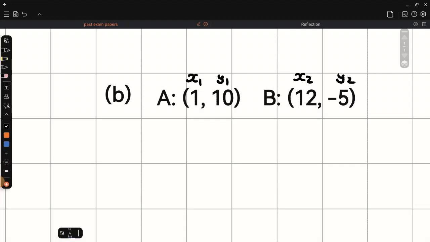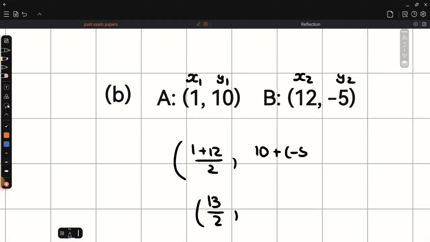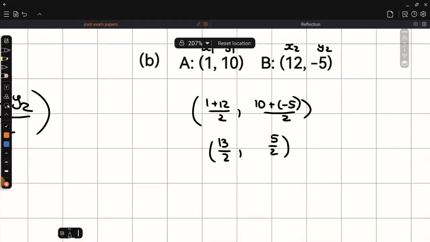We will have 1 plus 12 divided by 2, which gives us 13 over 2, and 10 plus negative 5 divided by 2 is 5 over 2. So this is our final answer.